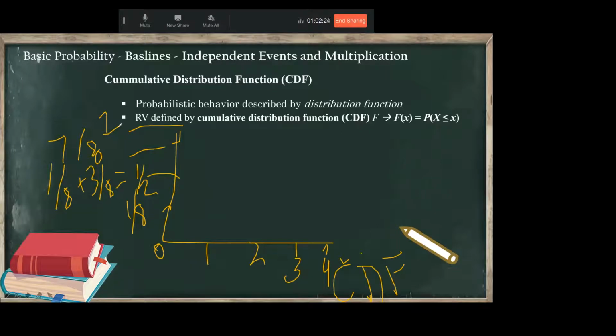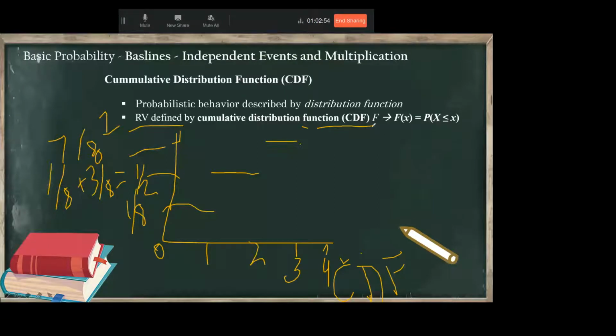So from 0 to 1, this is our cumulative distribution function. From 1 to 2, we have half, the cumulative probability. From 2 to 3, we have this one. From 4 and onward, we have 1. So that's the graph of a cumulative distribution function.